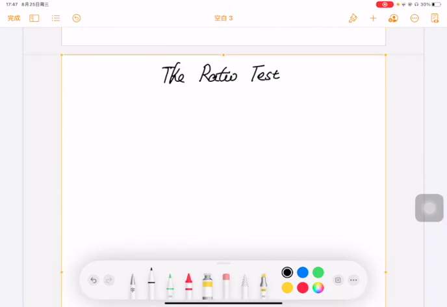Okay, let's move on. The next thing we're going to discuss is the ratio test. The ratio test is another method to determine the convergence and divergence of a given series. It's not a method specific to the p-series. It's a method that can be applied to any general series.